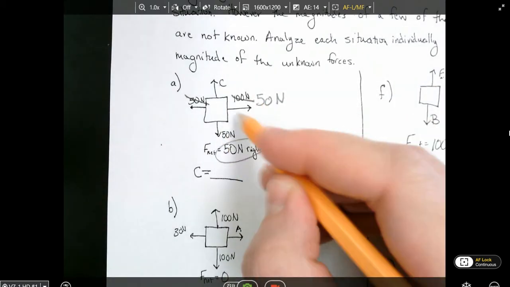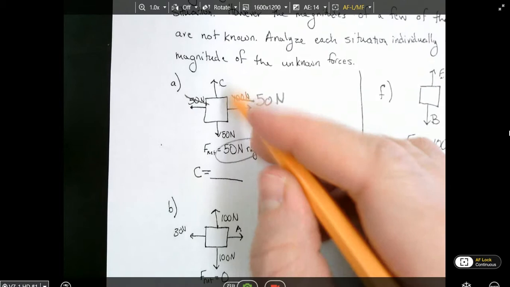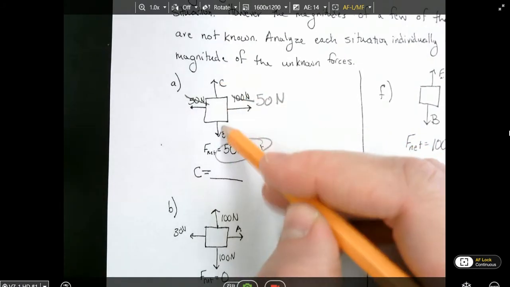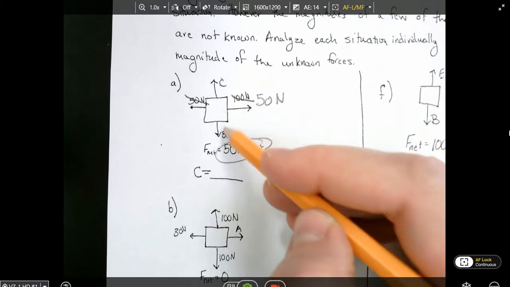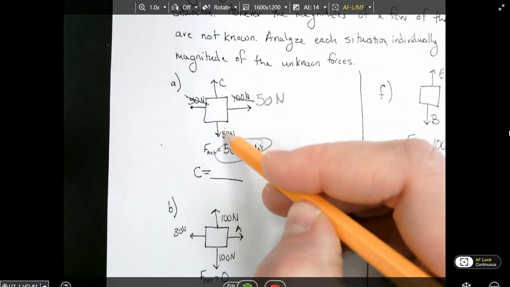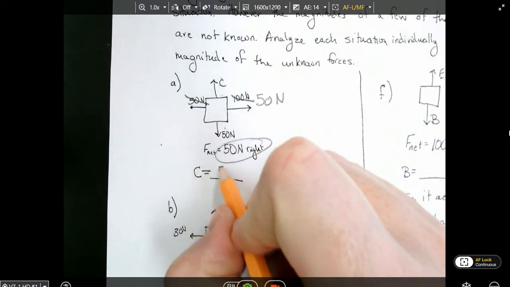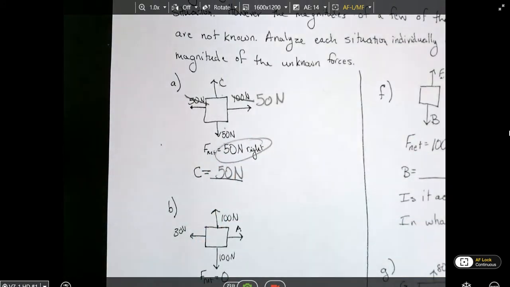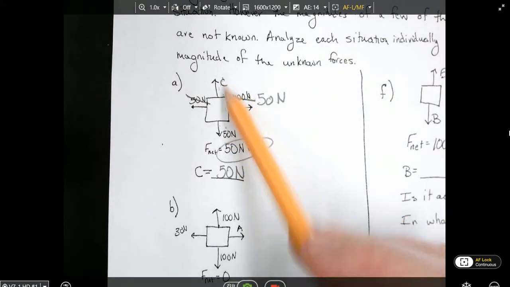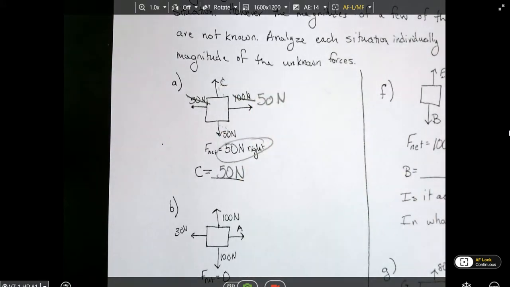And so the net force is in a direction that's totally different than either the missing vector or the one that's opposite to it. So we know that the missing vector has to cancel out what's there. So C is also going to be 50 newtons, because these are equal and opposite, canceling each other out and not affecting the net force.